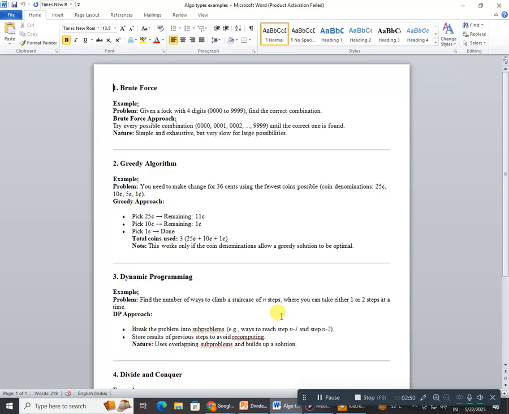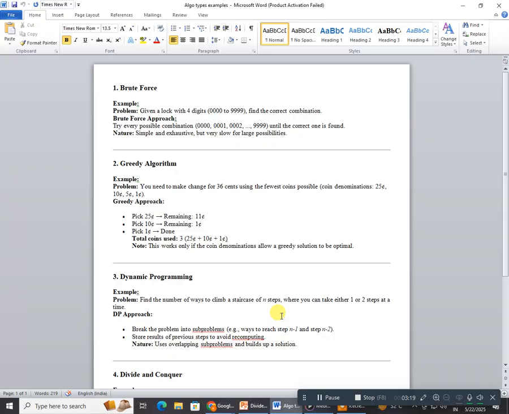Or if I had adopted a more intelligent strategy, could I have had a better outcome? Here you can see an example problem: I have to make change of 36 cents using the fewest number of coins, and I have been given coin denominations of 25 cents, 10 cents, 5 cents and 1 cent.